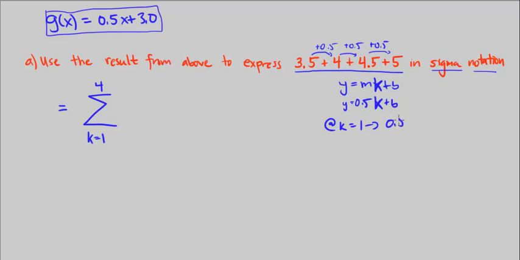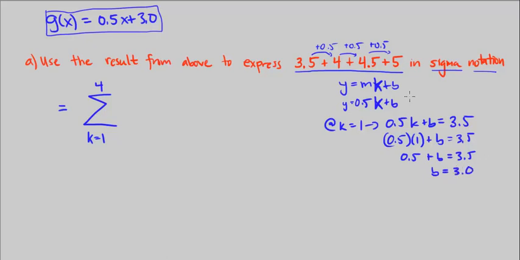So that means 0.5k plus b is equal to 3.5 when k is 1. So let's plug in k being 1. 1 times 0.5 is just 0.5 plus b. Go ahead and subtract 0.5 from both sides. I get b is 3.0.